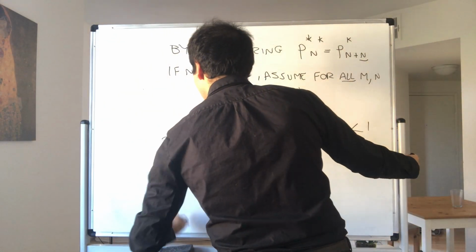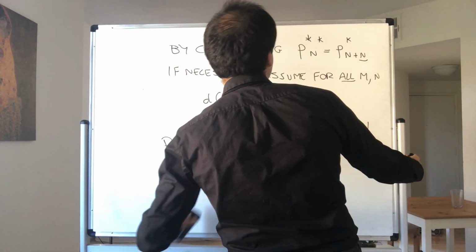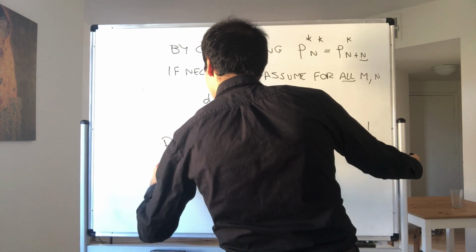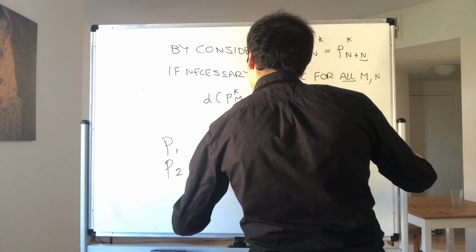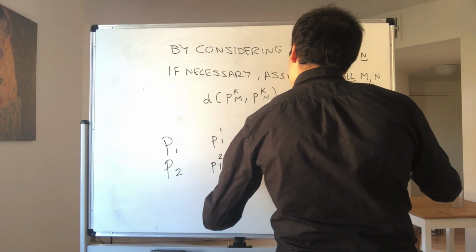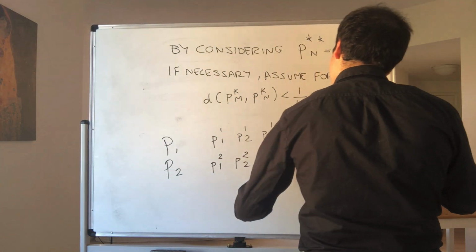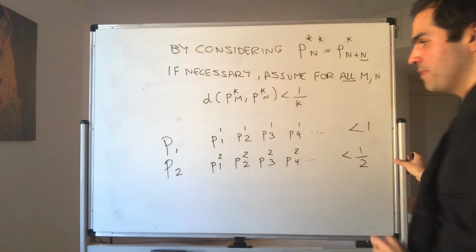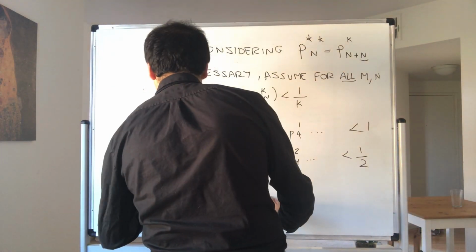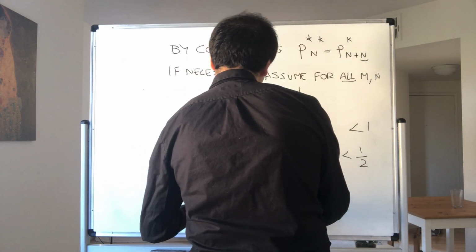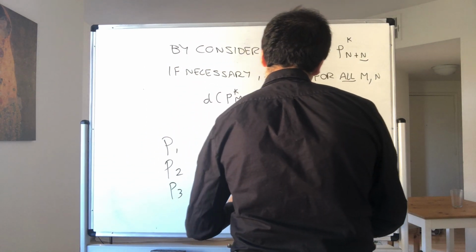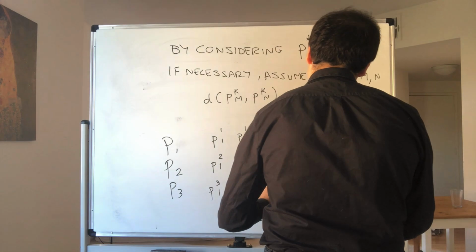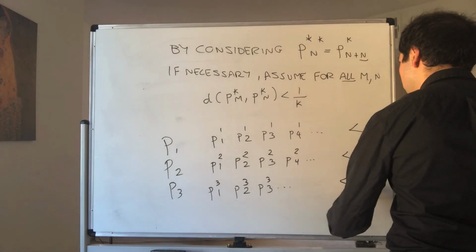For P_2, we have the terms P_21, P_22, P_23, P_24, which are at most 1/2 apart. For P_3, we have P_31, P_32, P_33, which are at most 1/3 apart.